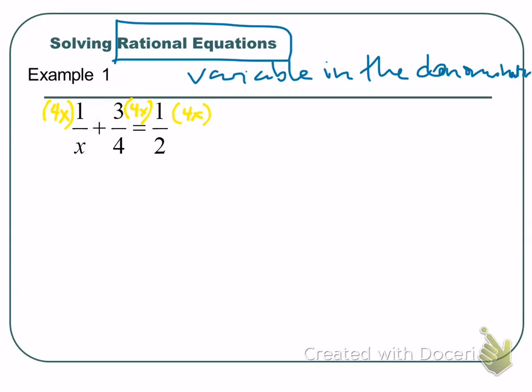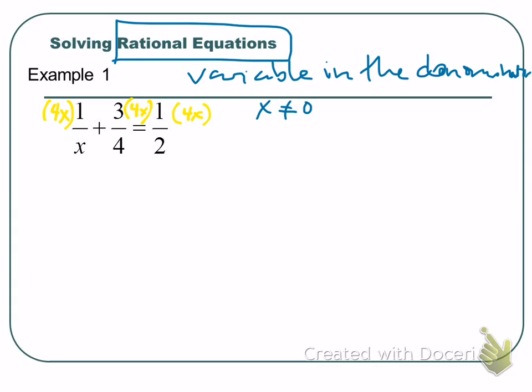So we're legal here. What we've done is legal as long as we're not multiplying by 0, which means x cannot equal 0 in this problem. But we know that already because this x in the denominator right here can't be 0. So x can't be 0 is our excluded value for this problem.